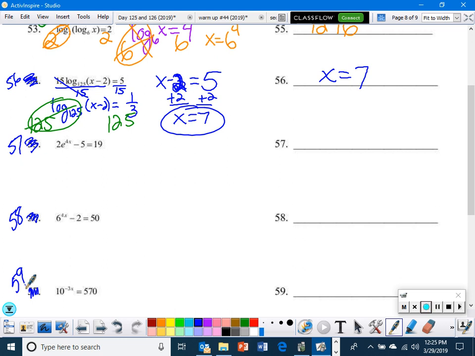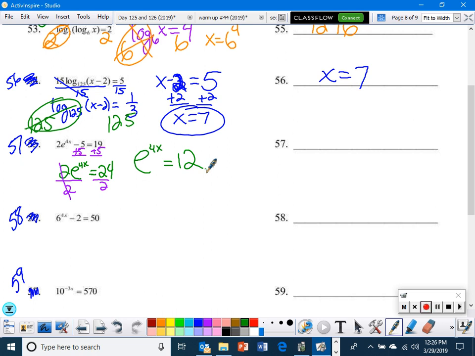All right, number 57. First thing we're going to do is add 5 to both sides. Next thing we're going to do is divide by 2. Now to get rid of the e, we've done one like this before.